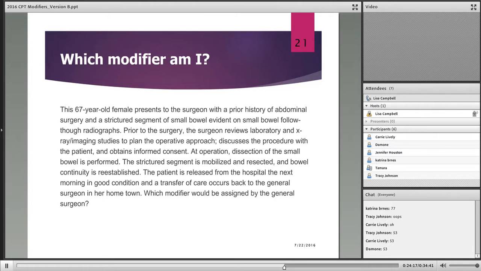He discusses the procedure with the patient and obtains informed consent. At operation, dissection of the bowel is performed. The strictured segment is mobilized and resected, and the bowel continuity is reestablished. The patient is released from the hospital the next morning in good condition, and transfer of care occurs back to the general surgeon in her hometown. Which modifier would be used by the general surgeon?